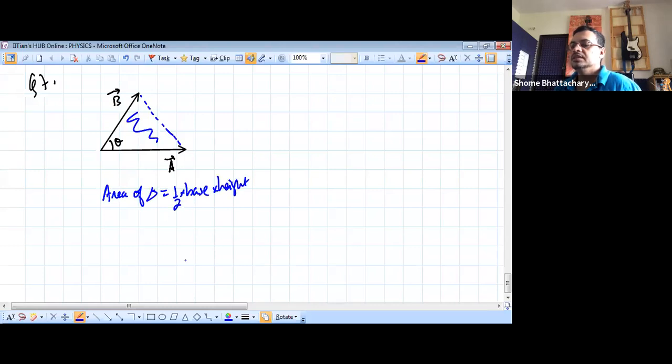The height of this triangle is nothing but b sine theta, and the base is the magnitude of a. So it is half of a b sine theta, which is nothing but half of the magnitude of a cross b.